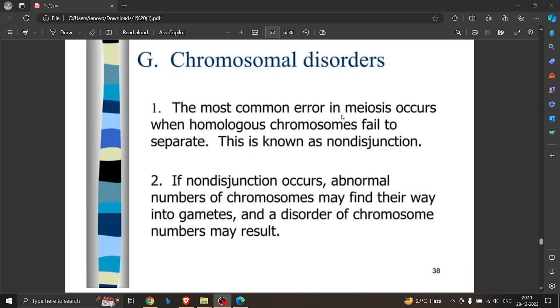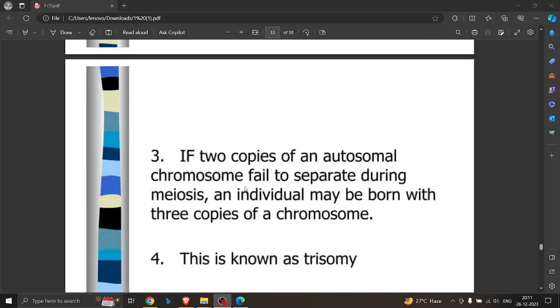Next, chromosomal disorders. The most common error in meiosis occurs when homologous chromosomes fail to separate. This is known as nondisjunction. If nondisjunction occurs, an abnormal number of chromosomes may find their way into gametes and may result in chromosomal disorders.